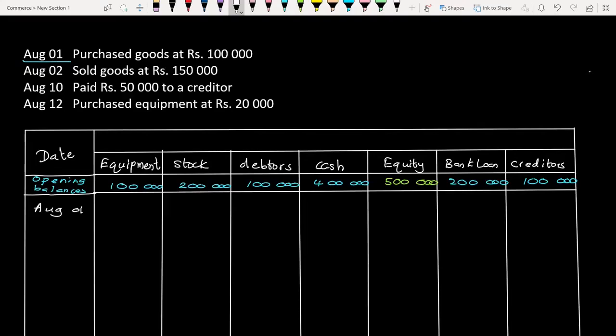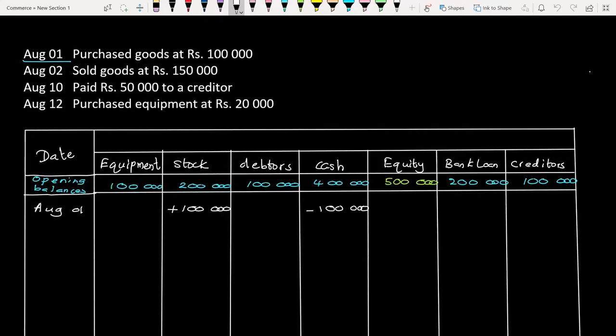So stock increases by 100,000 and cash decreases by 100,000. So when a business purchases stock, stock increases, and on the other hand, cash decreases. So this is the impact of the first transaction.